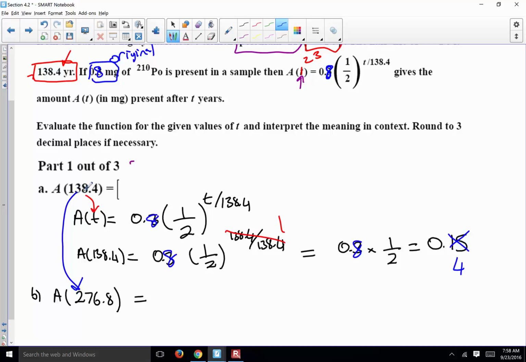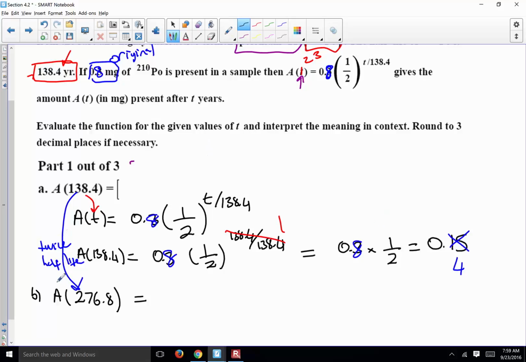What's the relation between 138 and 276? Chris? It's 138.4. Yeah, this is twice the half-life you have waited. So your material already dropped to half. You are waiting another half-life term. So what do you think? What do you guess your answer will be?